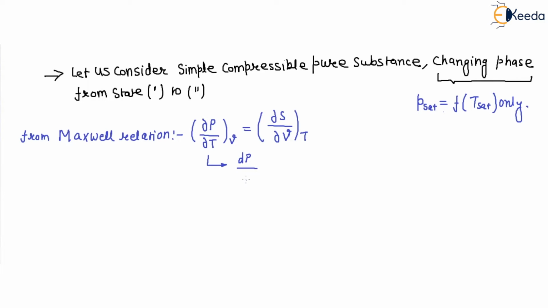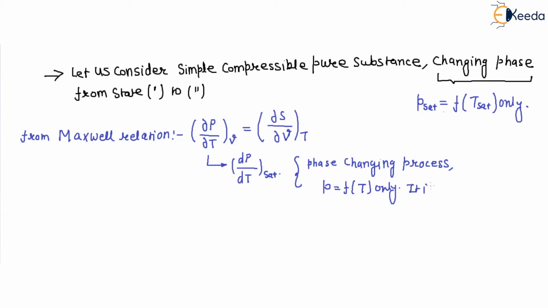So this can be written as dP over dT at saturation. Why? Because there is a phase changing process, and during the phase changing process, P is a function of T only, and it is independent of specific volume.